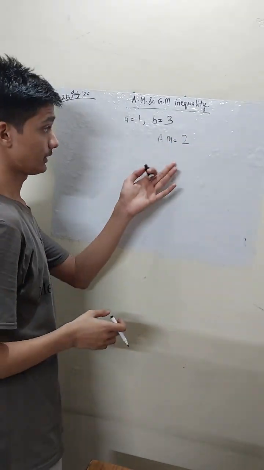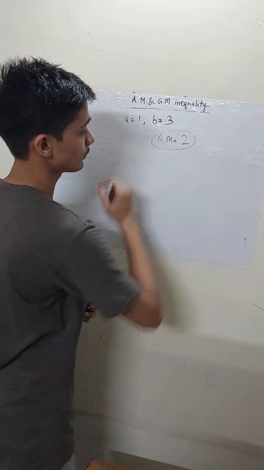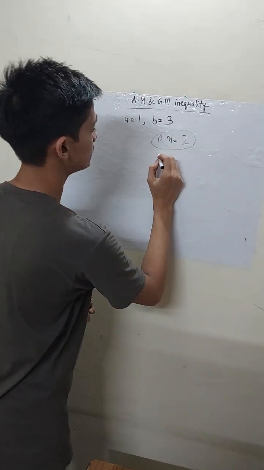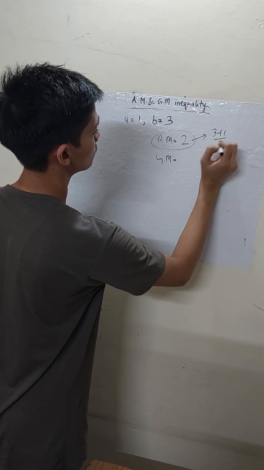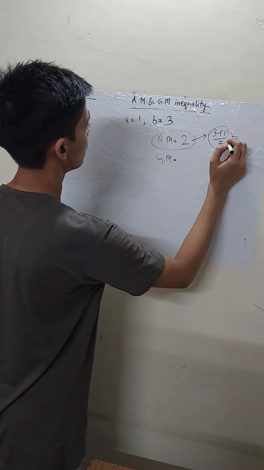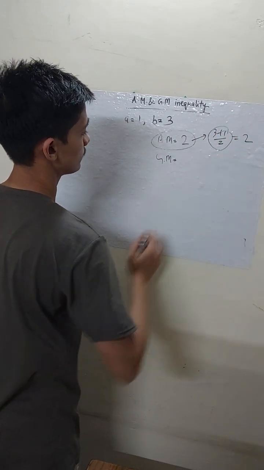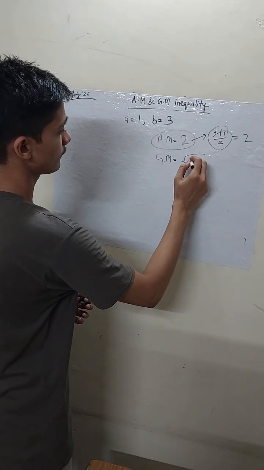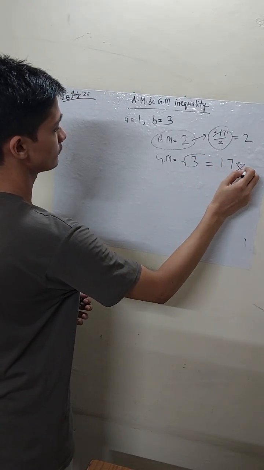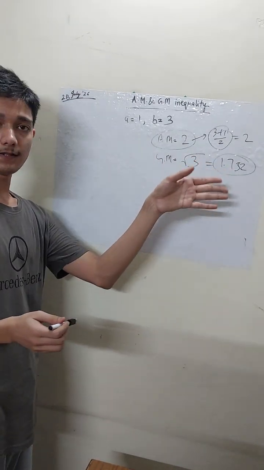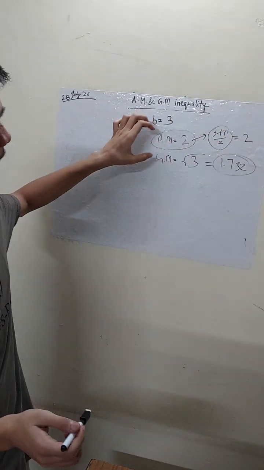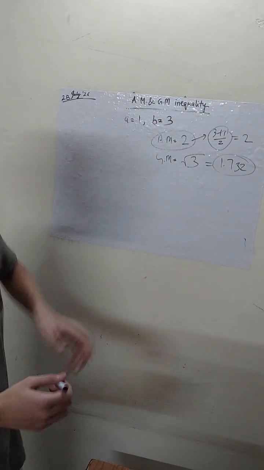AM is equal to 2, and GM is the square root of 3, which is 1.732. So here you clearly see that AM is greater than or equal to GM.